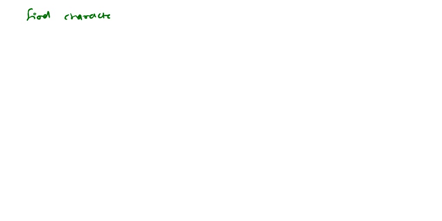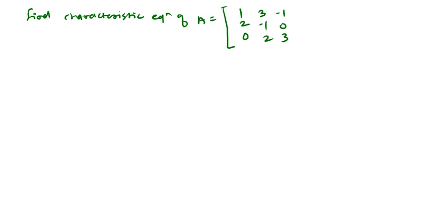Okay, now for example, find the characteristic equation of the matrix A equal to, suppose, 1 2 0, 3 minus 1 2, and suppose minus 1 0 3.